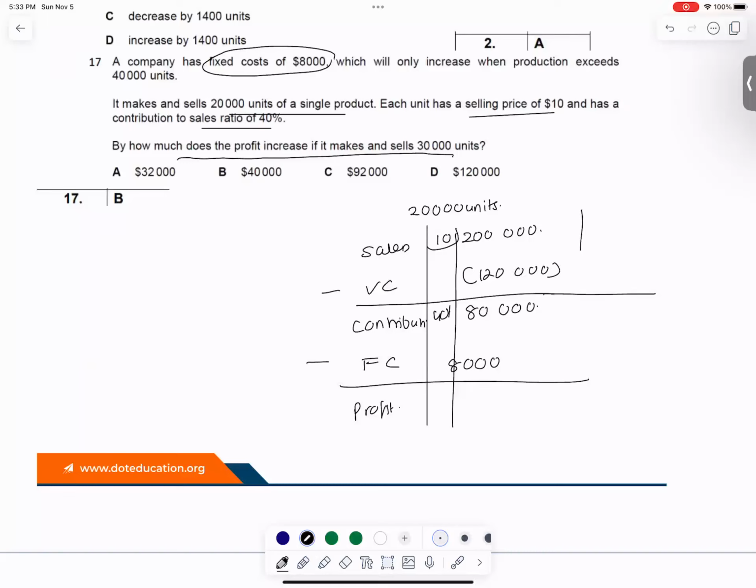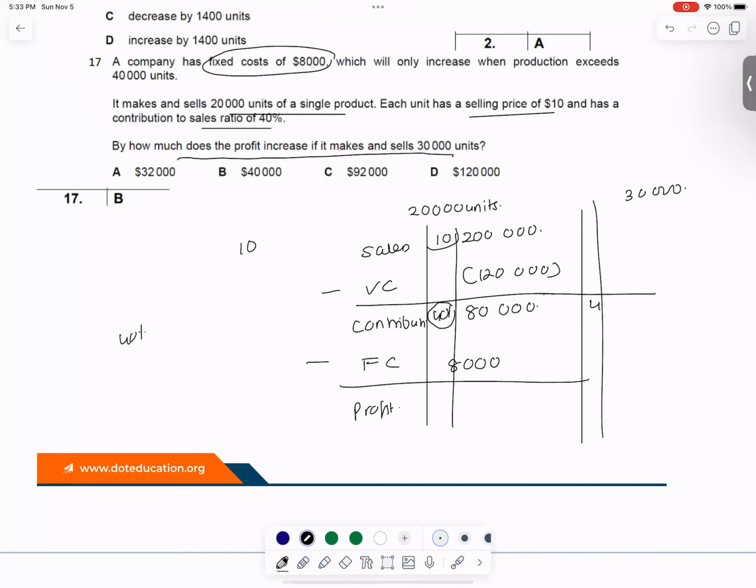If I make and sell 30,000 units, what will the contribution be?